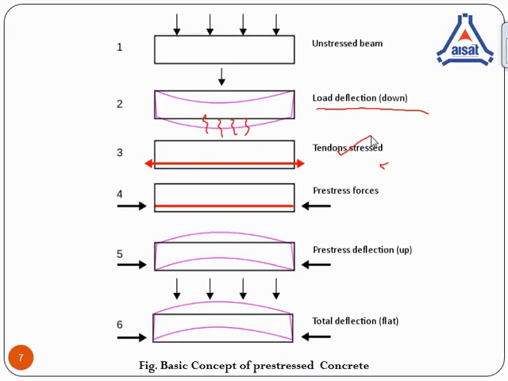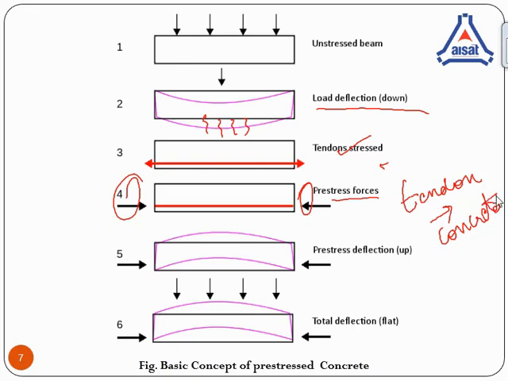After the concrete achieves the required strength, we release the tendons from their support conditions. This makes a transfer of prestress from the tendons to the concrete of the RC member.